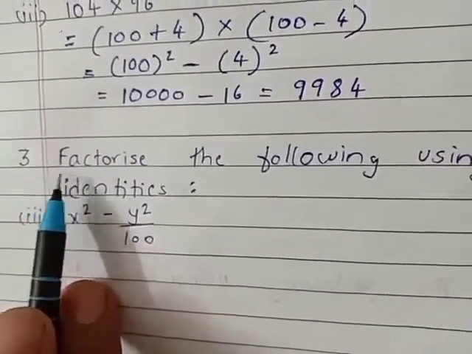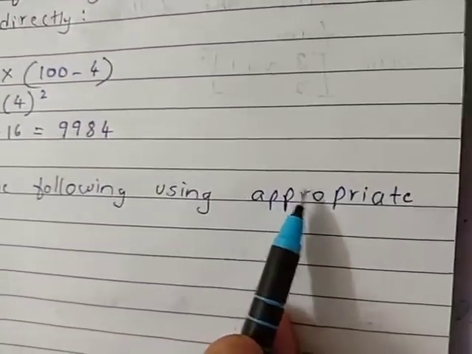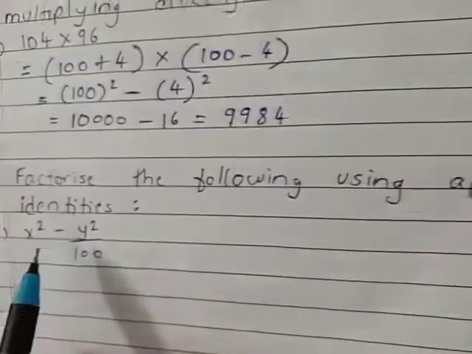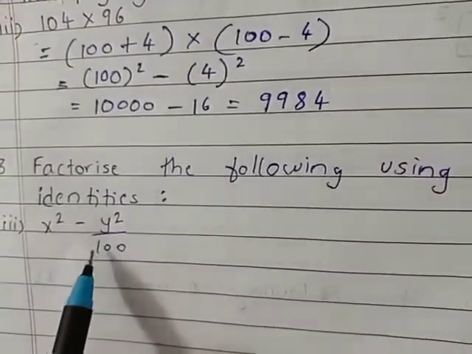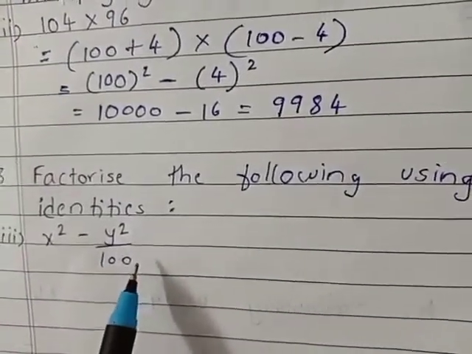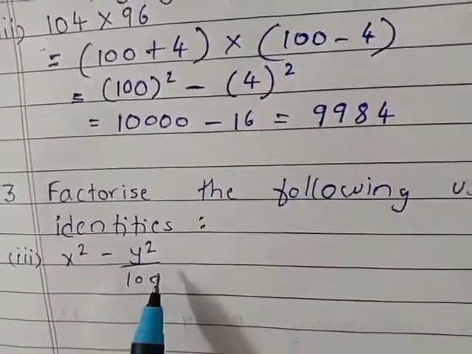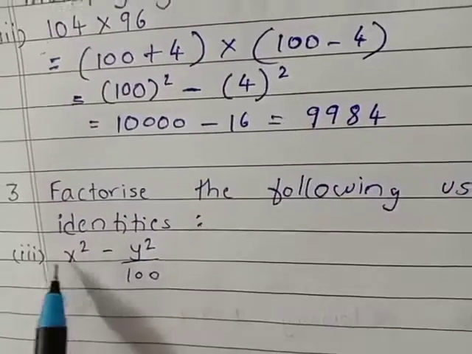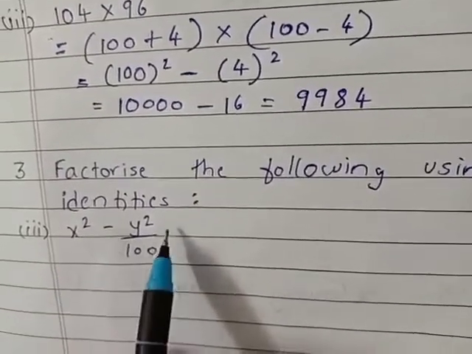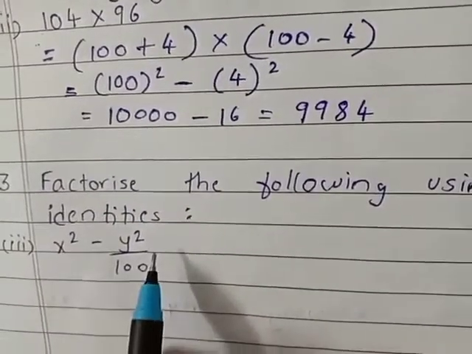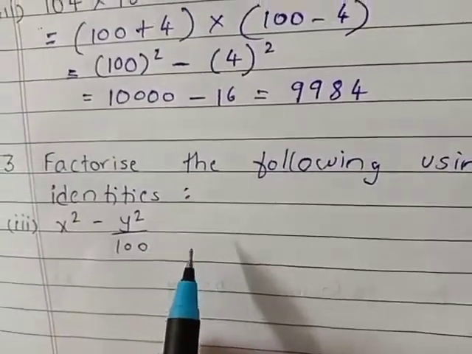Now we'll solve the third one. Factorize the following using appropriate identities: x square minus y square by 100. This is also of the form a square minus b square. So what is the answer for a square minus b square? In the identity we have learned, it will be a plus b into a minus b.